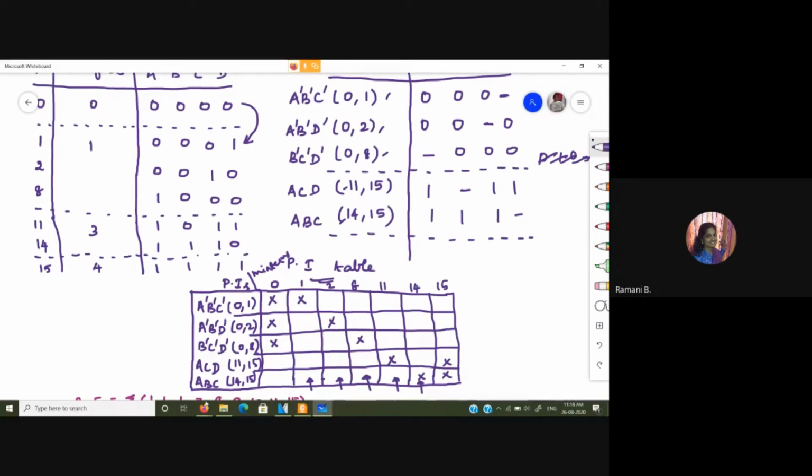So as I mentioned, the term corresponding to this is A bar, B bar, C bar, to this one is A bar, B bar, D bar, to this is B bar, C bar, D bar, this one ACD, and this is ABC. So all the 5 terms are essential in this case. So the expression is A bar, B bar, C bar plus A bar, B bar, D bar plus B bar, C bar, D bar plus ACD plus ABC.